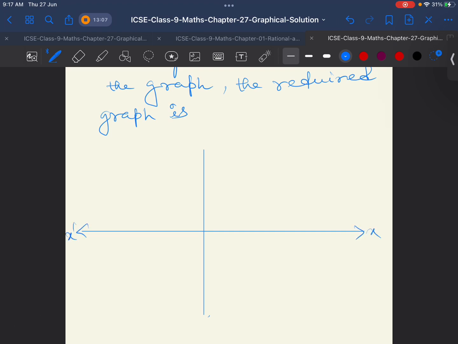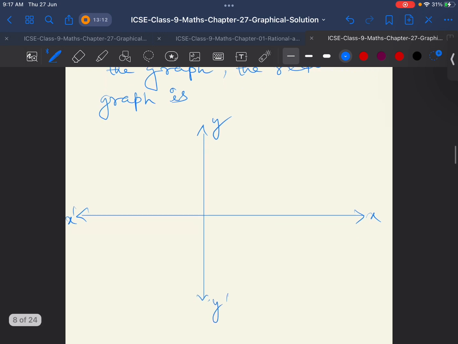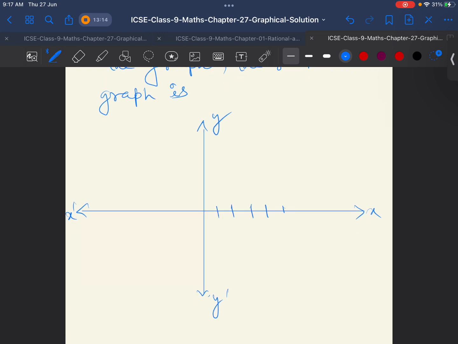This is x dash, and y and the negative side of the y axis. Then 2, 4, 6, 8. Okay, 2, 4, 6, 8, 10, 12. 2, 4, 6, 8, 10. Okay, now we plot these points in the graph.